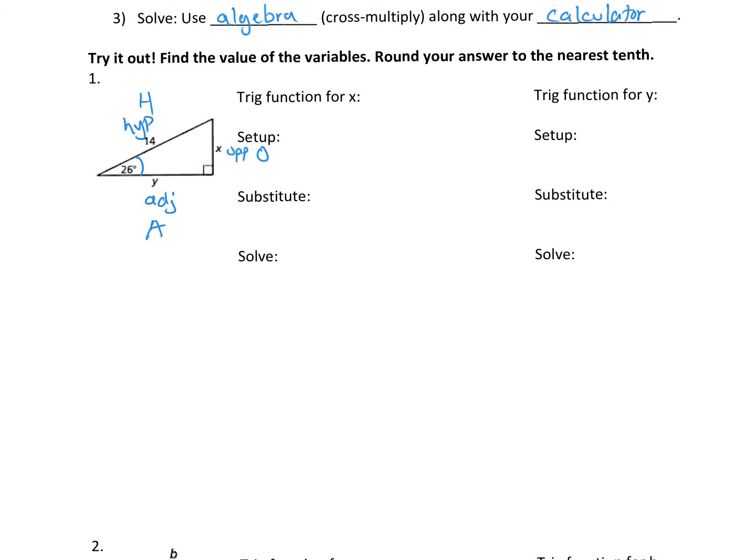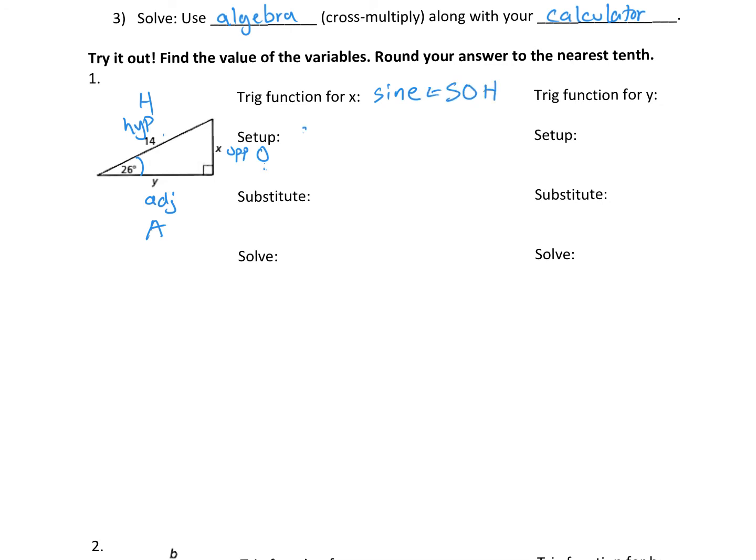X is O. I am given my hypotenuse, so we have an O and H. So we want to use sine, because O and H goes with SOH.